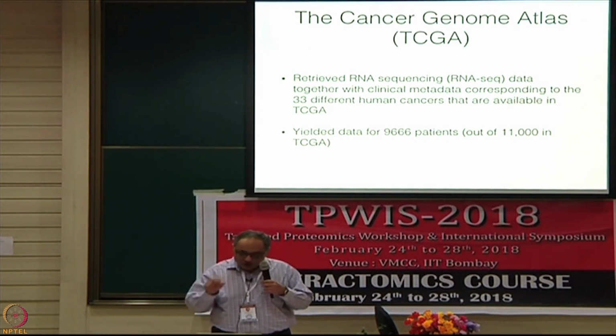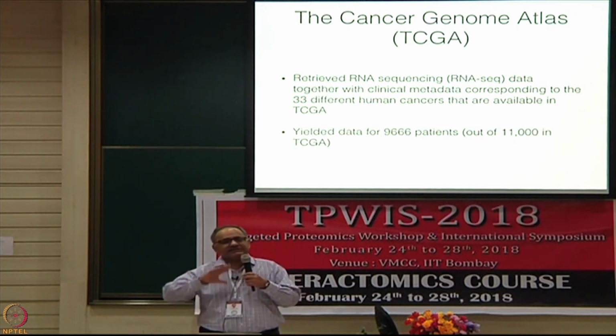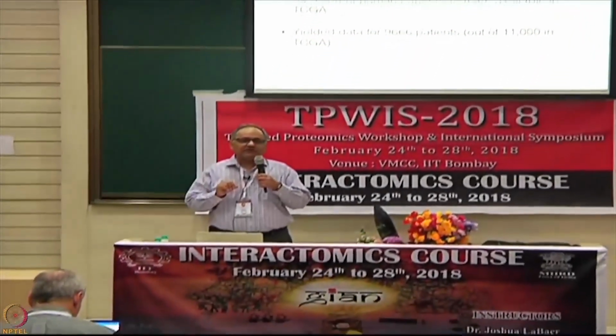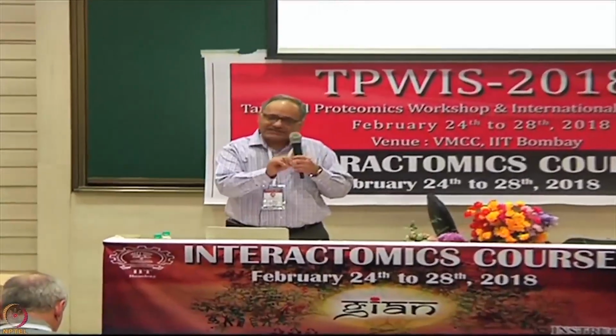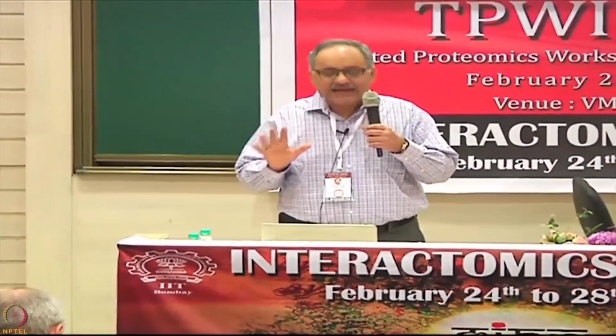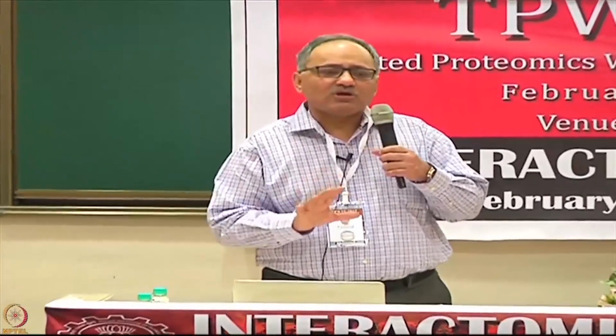So, it was with that thought that the RNA sequencing data with the clinical metadata, which means the survival and how the patient did, was derived from the Cancer Genome Atlas. We got data out of a total of 11,000 patients for about 9,600 patients, which was the study pool.